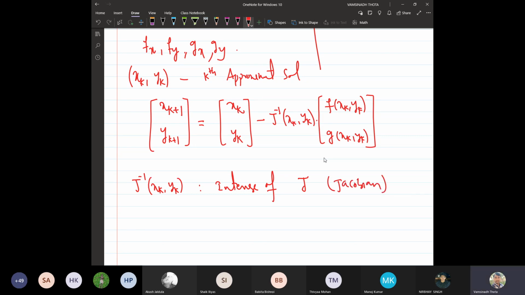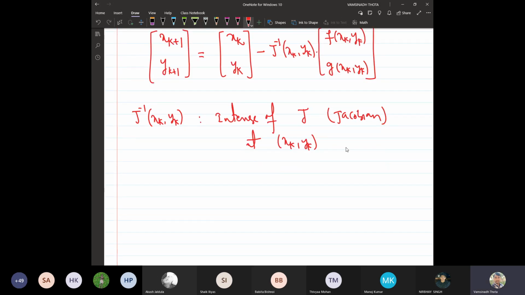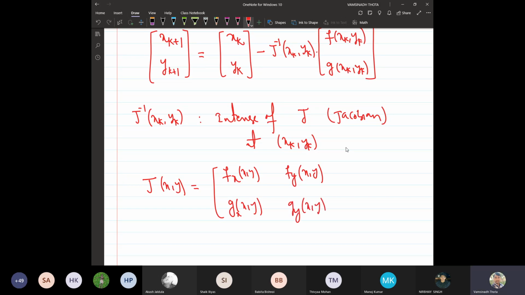Jacobian matrix at xk, yk. Now what is this Jacobian matrix? The Jacobian matrix is given by J(x, y) equals fx at (x, y), fy at (x, y), gx at (x, y), gy at (x, y).